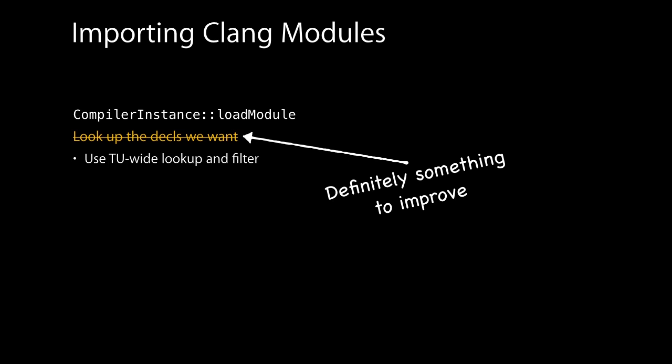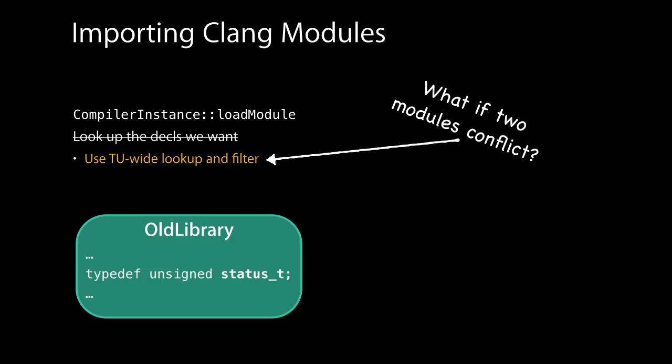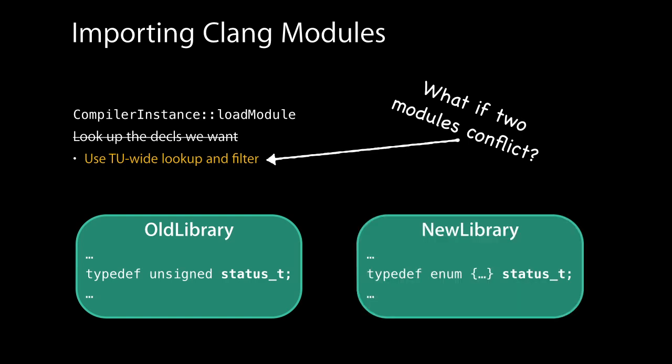But there's still a bigger problem here, which is that Clang's model is to have a single translation unit with everything in it. What if two modules conflict? So consider these two hypothetical libraries, an older library that uses an unsigned integer as its status type, and a newer, completely distinct library that uses an enumeration. These two types can normally coexist in a program at runtime.